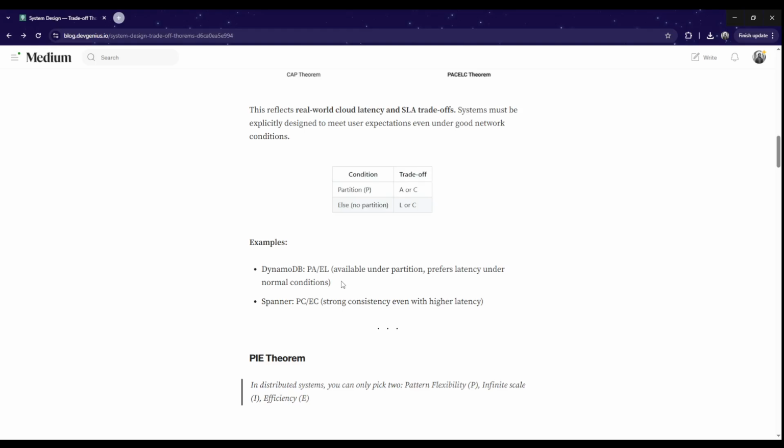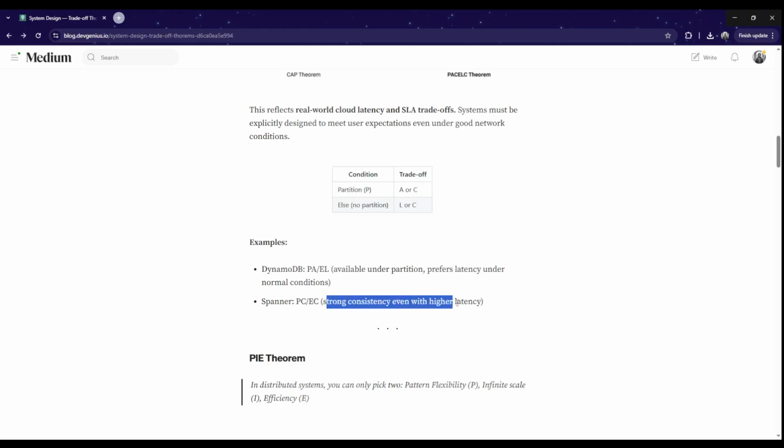So over time we will get the right results, but it prefers latency in that case. And in case of Spanner, which is Google's product, it chooses consistency in case a network partition is there, else it always chooses consistency over latency.